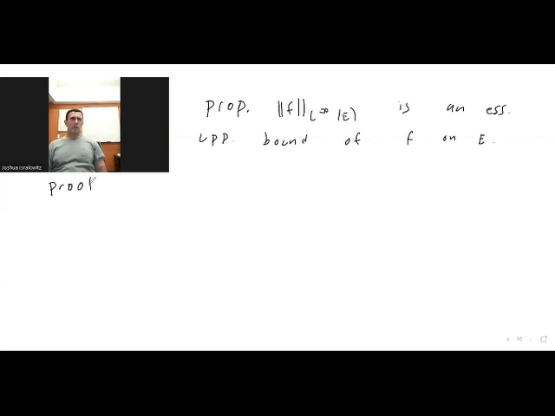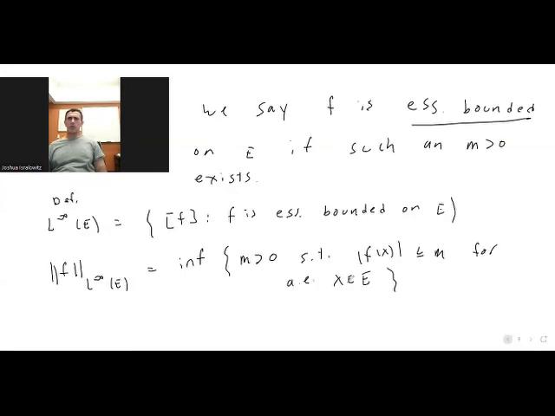How do we prove this? Really easy, just use the definition of inf. And I should say, just like before, we're going to stop writing the class f, but technically we really mean this.